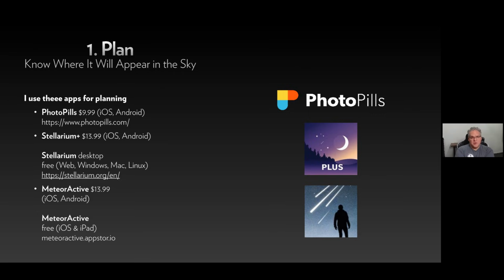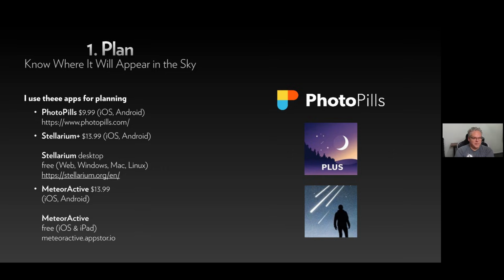I use 3 apps primarily when I'm planning how to photograph meteors or where to photograph them. The first primary tool for me is PhotoPills. PhotoPills has a pill, which is what they call their different parts of the app, that helps you specifically with meteor showers, and we'll dip into that. If you don't own it already, most photographers do, it's $10. And that's $10 once, not a subscription. Then Stellarium Plus is the astronomy app that I use. There's lots of them.